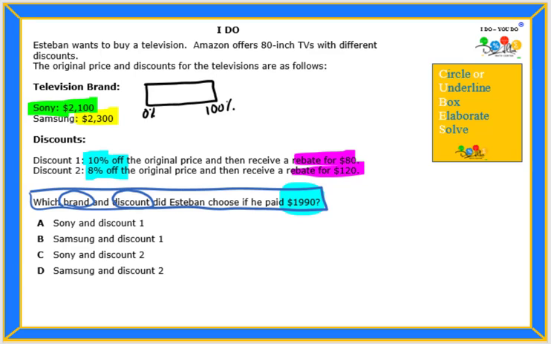And 100% of the original price of the television would be $2,100. And what we're going to get on discount one is 10% off.